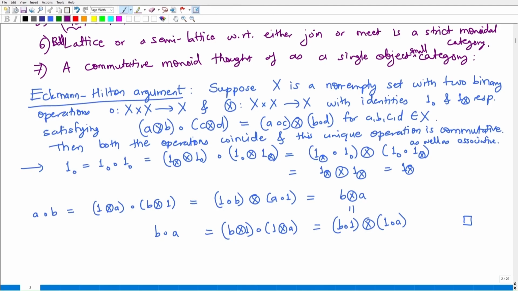Circle is composition. There is only one object, so the bifunctor on objects is not doing anything. You just have to worry about morphism to morphism. The morphisms are the elements of X. So composition is our circle operation, and the tensor operation is given by the bifunctor.